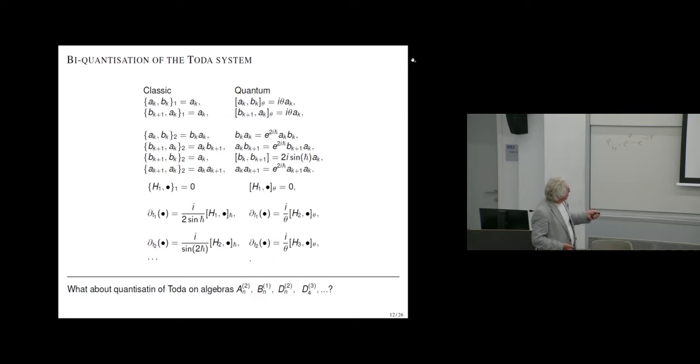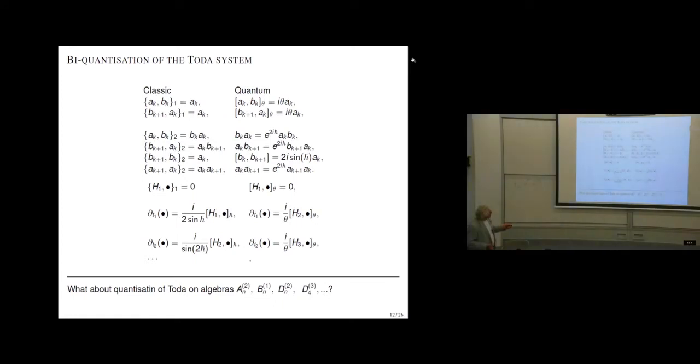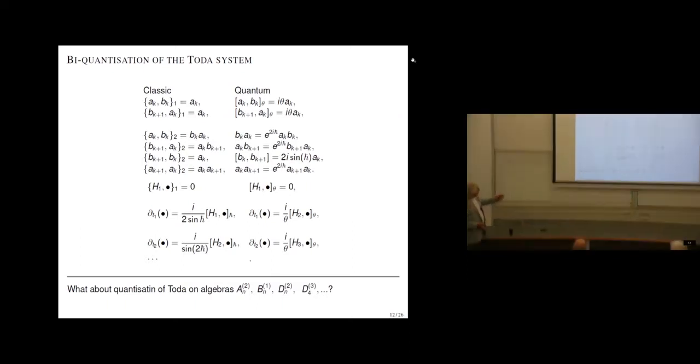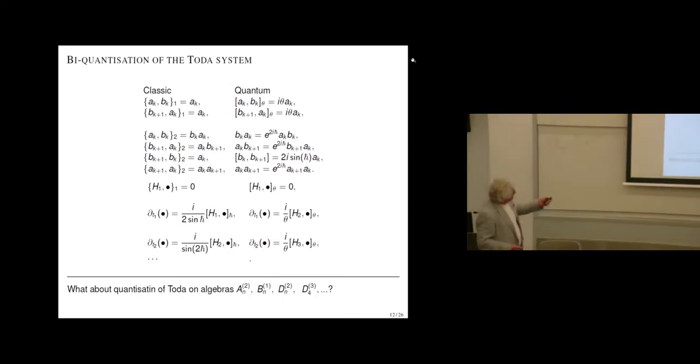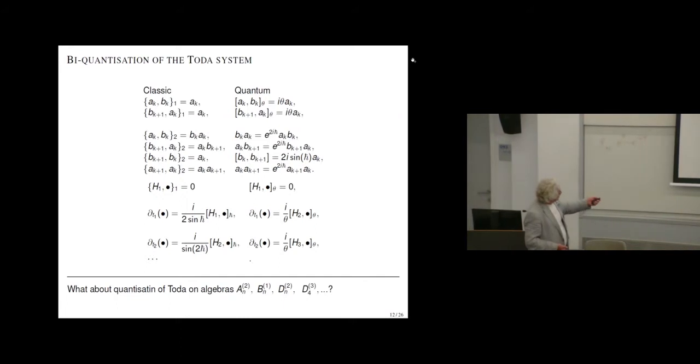So dt is a commutator with H1 with the first quantization, or dt is a commutator with H2 with the second, etc. So that is exactly the picture you can get, and you have infinitely many conservation laws, you have quantum symmetries, everything works.